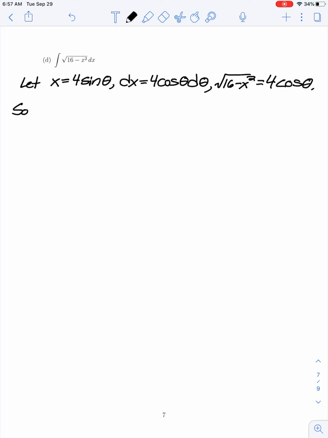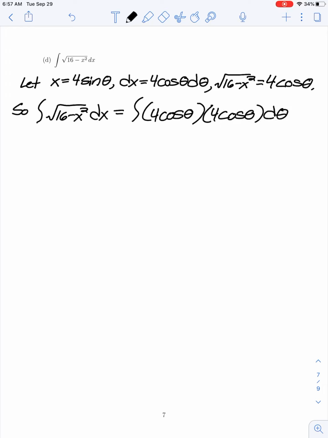So making this substitution, let's rewrite our integral in terms of theta. So this square root term was 4 cosine of theta, and then times dx. So we had dx was 4 cosine of theta d theta.